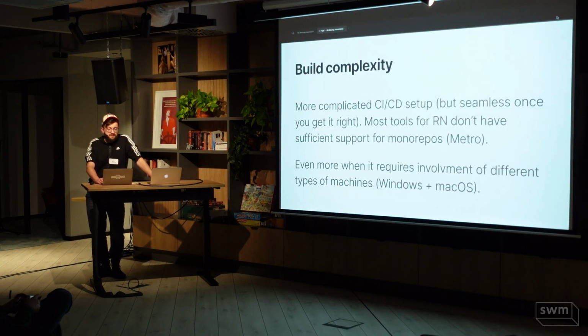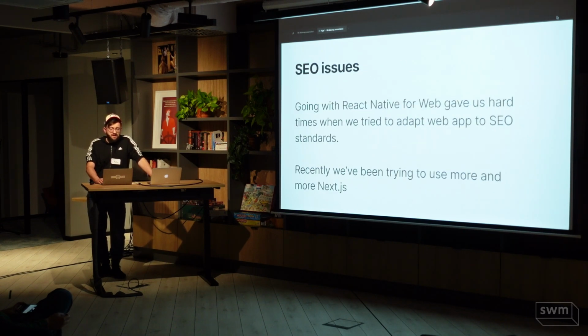Build complexity is something that is brought by one repository that contains many projects, as I said before. And it's even more complicated when we want to build both for the Windows and the macOS desktop apps. CORS issues are a problem we met when we tried to use React Native for web.